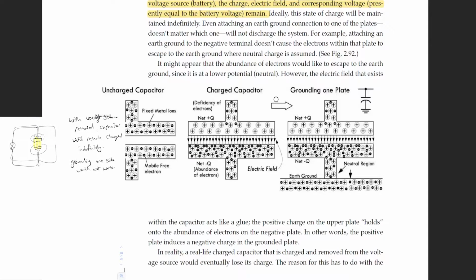So, the electric field acts like glue. The positive charge on the upper plate holds onto the abundance of electrons on the negative plate. In other words, the positive plate induces a negative charge in the grounding plate.